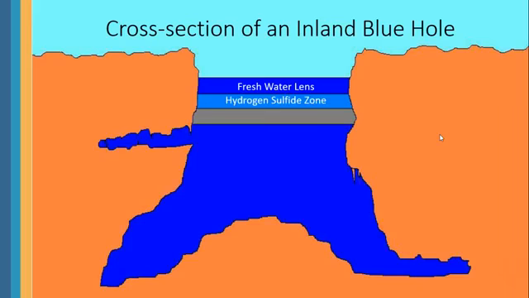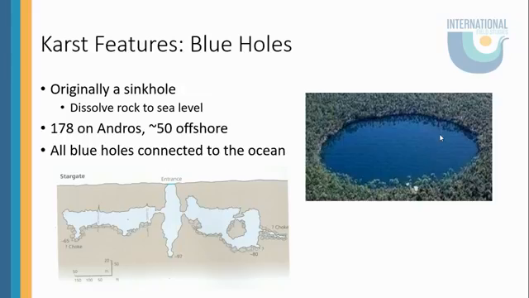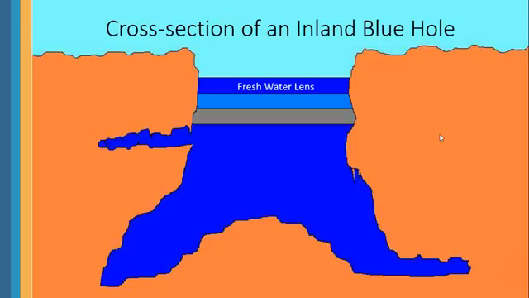Below that freshwater lens, we have what's called the hydrogen sulfide zone. This is the point where saltwater and freshwater meet. So in that zone right there, there's a whole lot of energy and a whole lot of action going on. If you look back right here at this photo here, there's quite a lot of vegetation that sits all around the edge of the blue hole, right? There's a lot of organic matter that's going to be falling into this blue hole.